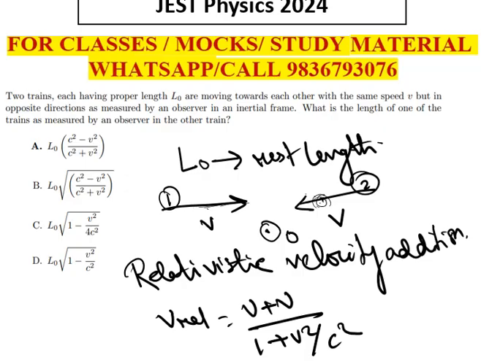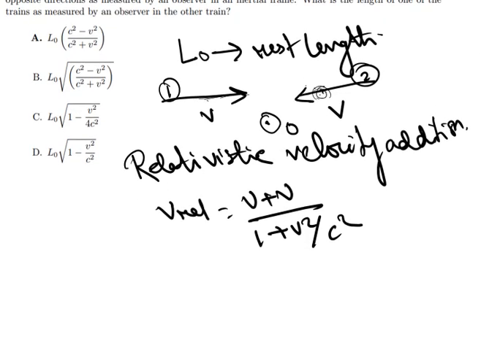So it will be 2v over 1 plus v square by c square.